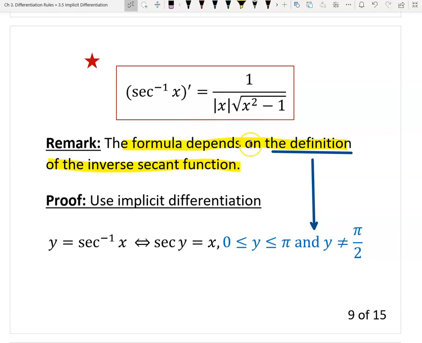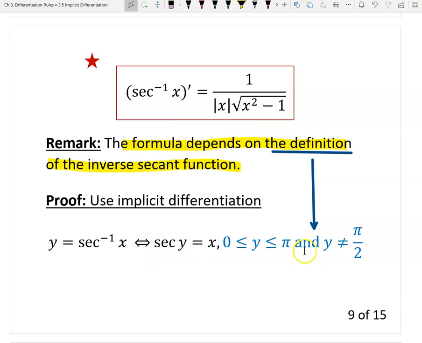And if sometimes you find another derivative formula, which means if the formula is different from ours, and that formula we don't have absolute value, so pay attention. That definition for inverse secant is different from our definition, another definition, okay? And now, if we have the definition, everything is easy.